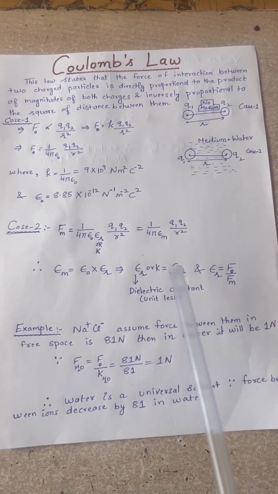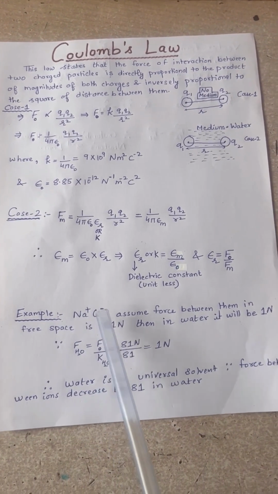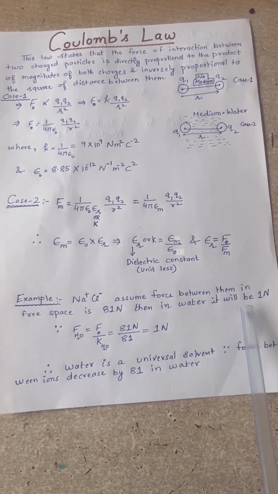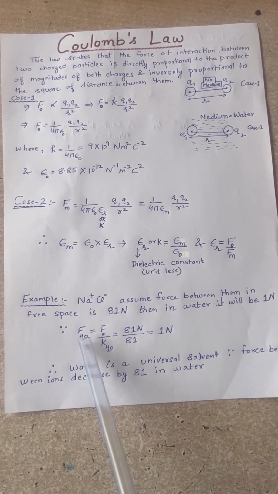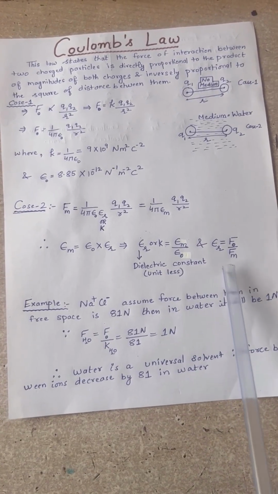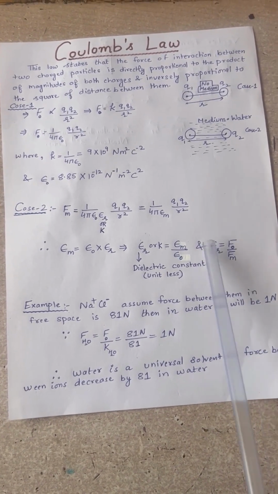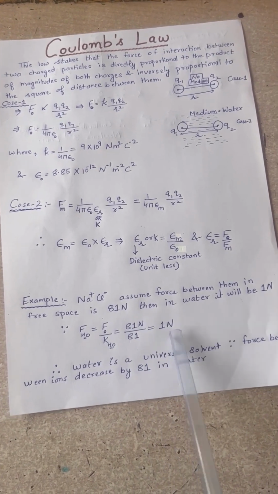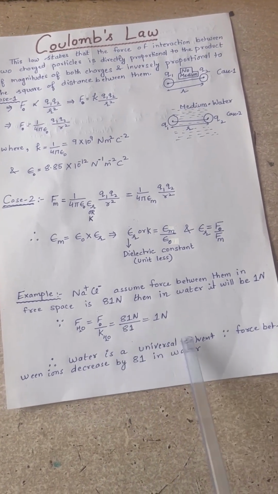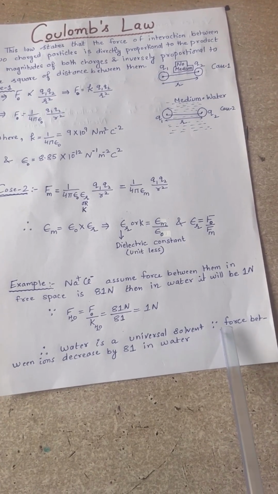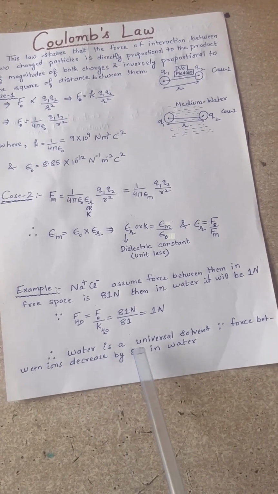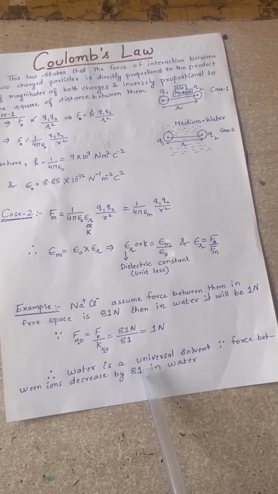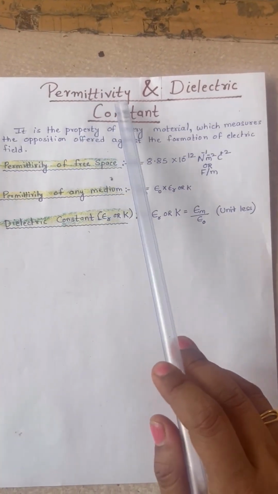Now this epsilon R plays an important role as explained in this example, that when NaCl is placed in vacuum, let the force between them be 81 Newton, and when same NaCl is placed in water, the force will be 1 Newton, because dielectric constant of water is 81, which is a constant quantity. In this way, water can be a universal solvent as shown in the example.